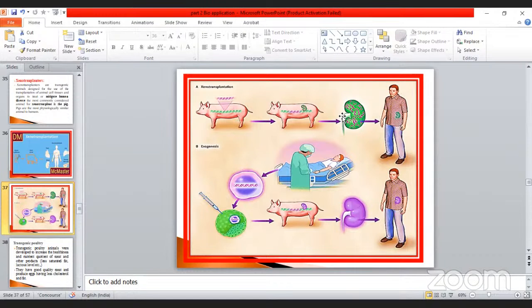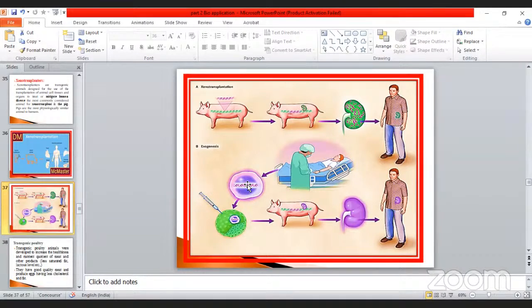The particular organ, particularly the kidney. In these cases, what happened? You have to isolate the DNA molecule from the person and introduce it in the culture medium. After that, it will be introduced into the pig. Inside, it will grow as a kidney cell.